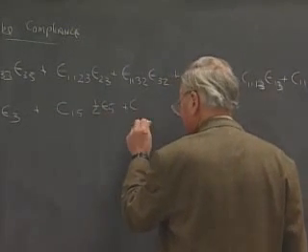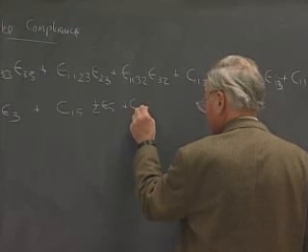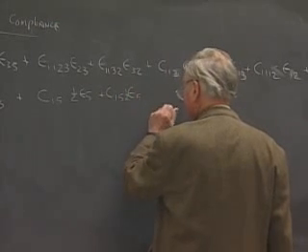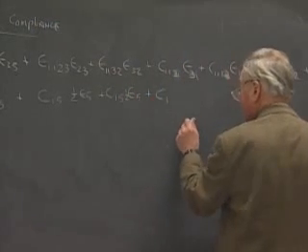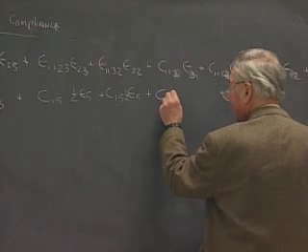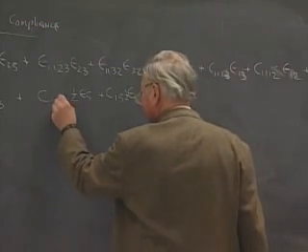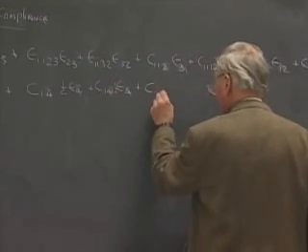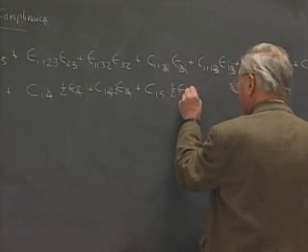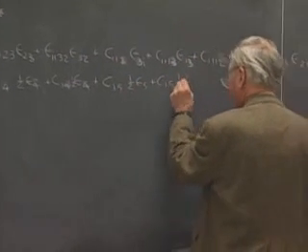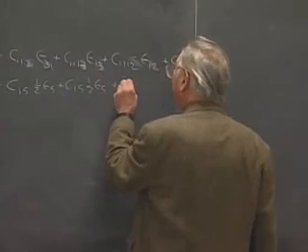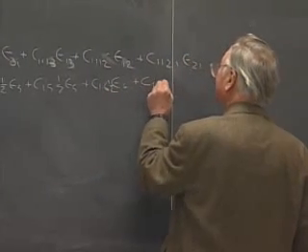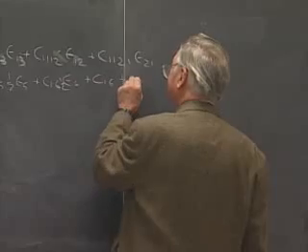And then C 1, 3, 2 is C 1, 4 again, and this also is 1/2 of epsilon 4. And then similarly, this is C 1, 5 times 1/2 of epsilon 5 plus C 1, 5 times 1/2 of epsilon 5 plus C 1, 6 times 1/2 of epsilon 6 plus C 1, 6 times 1/2 of epsilon 6.